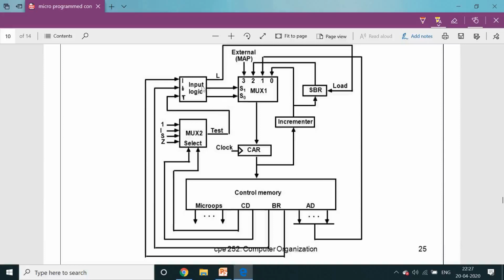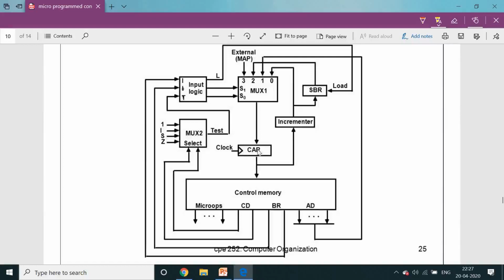With the help of the input logic we control multiplexer 1 using these select lines, CD meaning the conditional bits. So the input logic provides the two binary values S0 and S1.